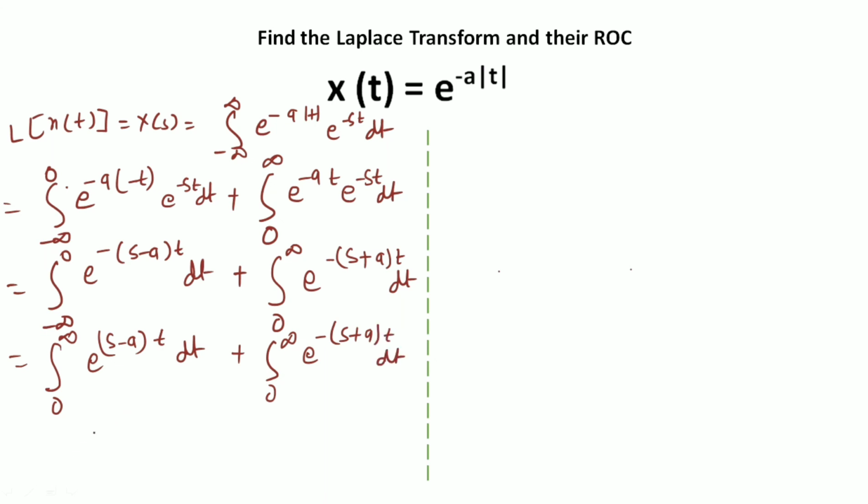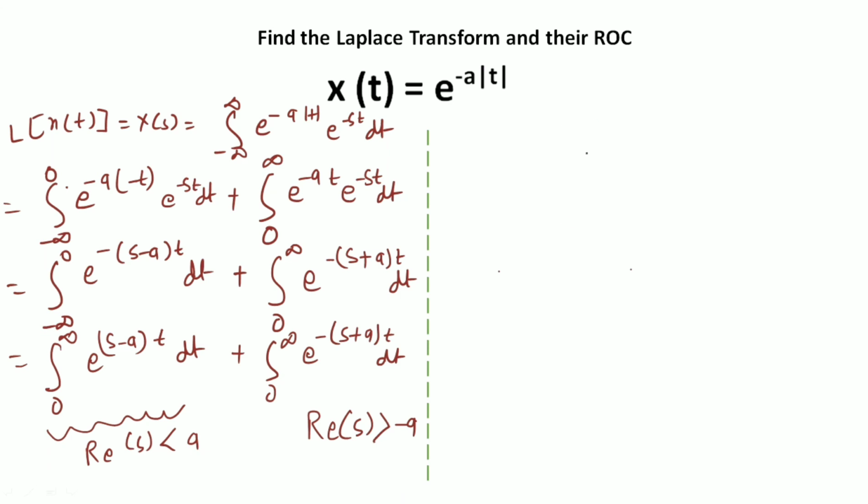Got it? Now we can see the region of convergence for this signal. For the first signal, it is real part of s less than a, and for the second signal we have region of convergence real part of s greater than minus a.